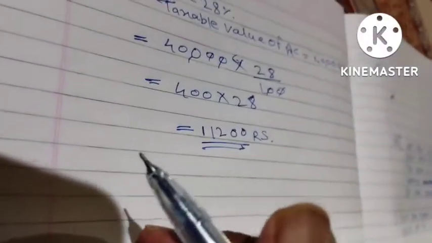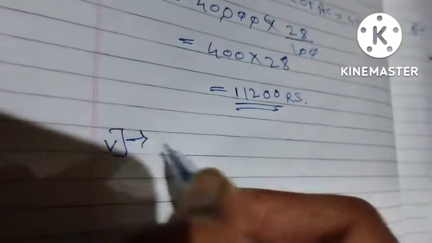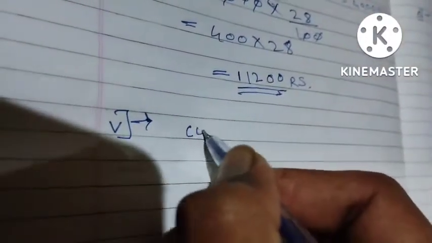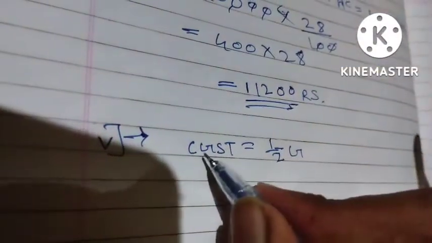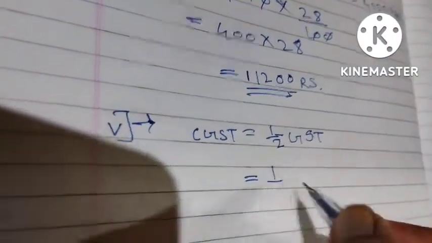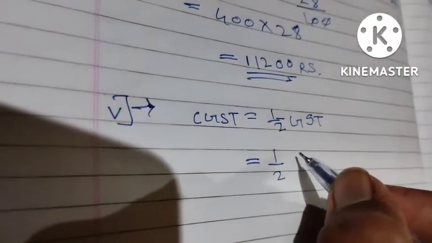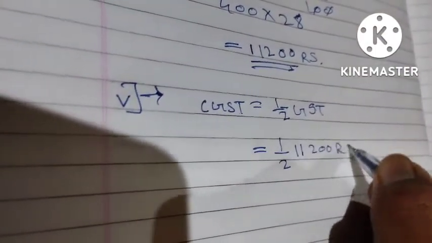Okay. Let's find out the next, the amount of CGST. As we know, CGST is half of GST. We have found that the amount of GST is 11,200 rupees.